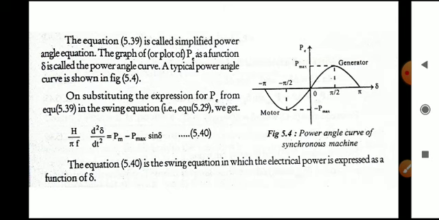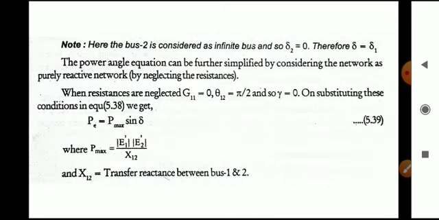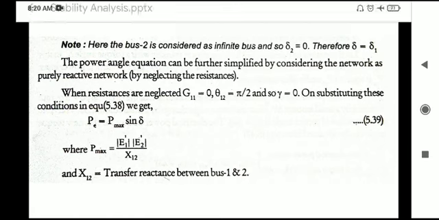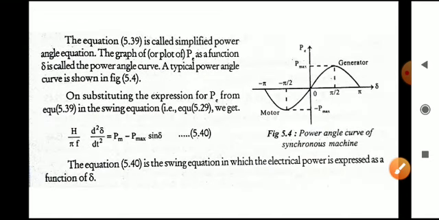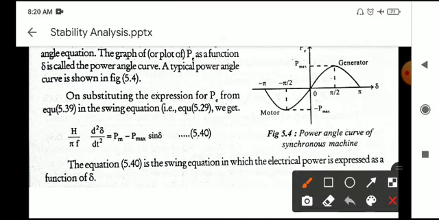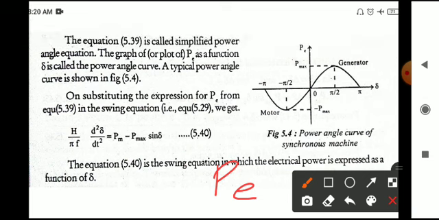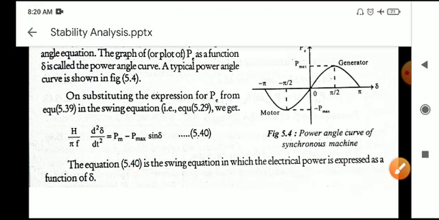P is equal to P max sin delta is the simplified power angle equation, and we have the power angle curve. Based on that equation, we can draw a graph between the power developed PE and delta.